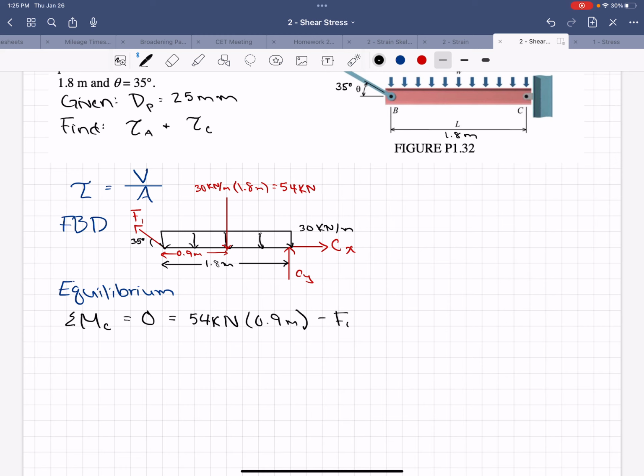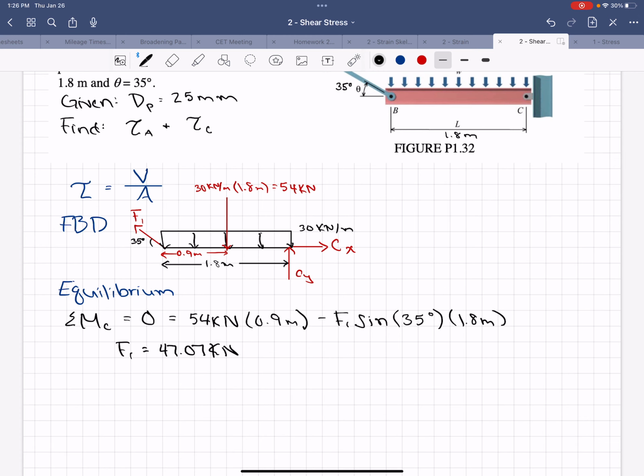To get the y component, I'm going to use the sine of 35 degrees. Then I have to multiply by the distance from C, and that's the full 1.8 meters. All right, and then I solve for F1, and I get 47.07 kilonewtons.